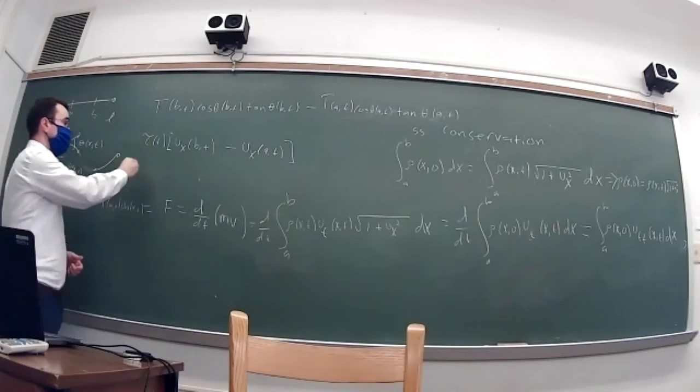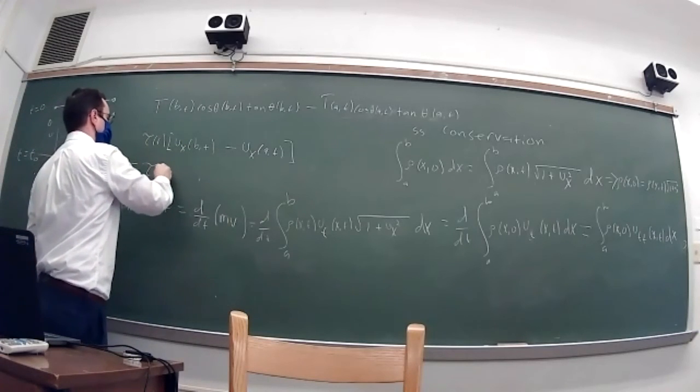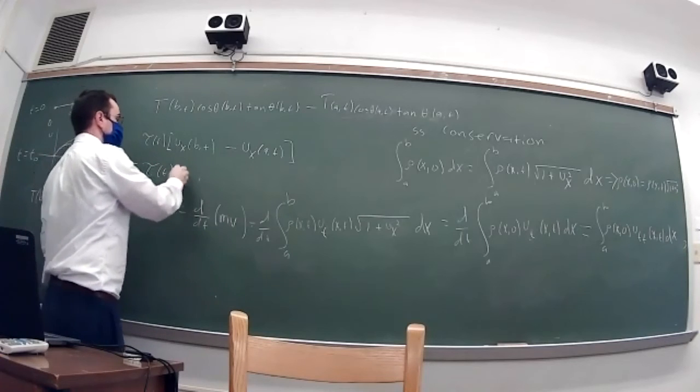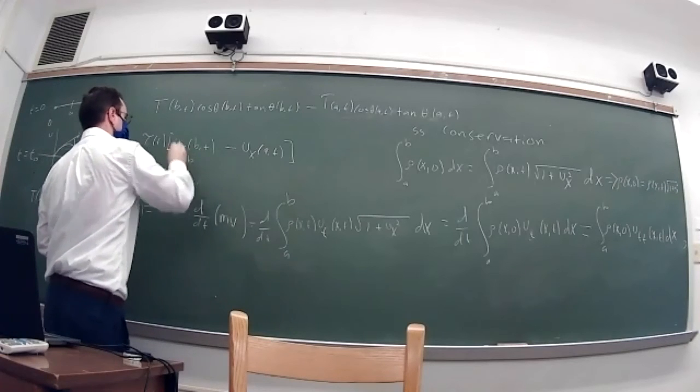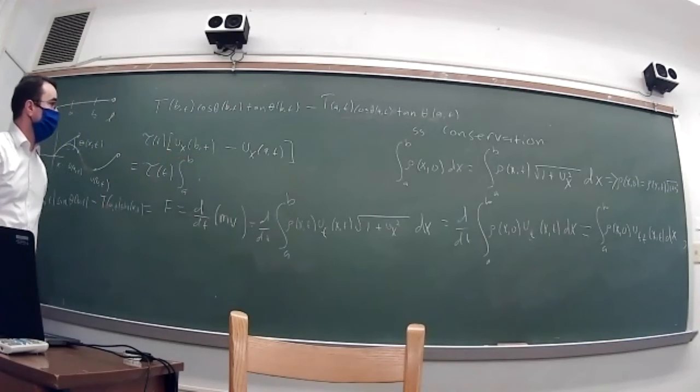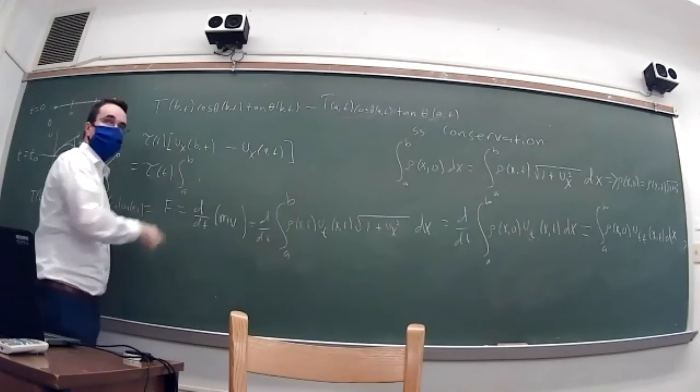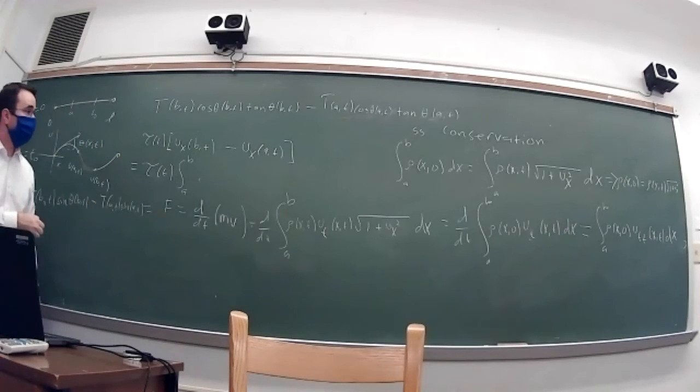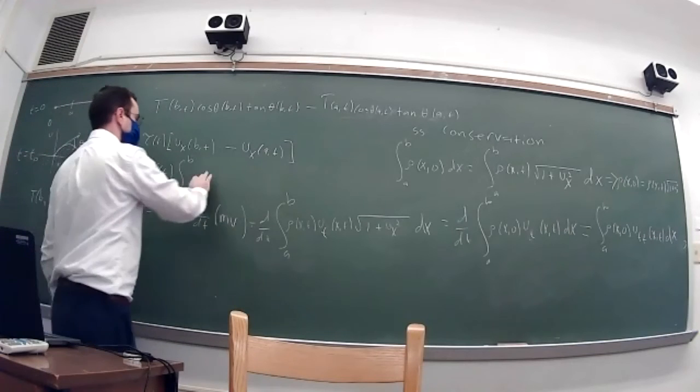Using those steps, we're basically done, because now I can apply the fundamental theorem of calculus and say this is the integral from a to b of the derivative of u sub x.